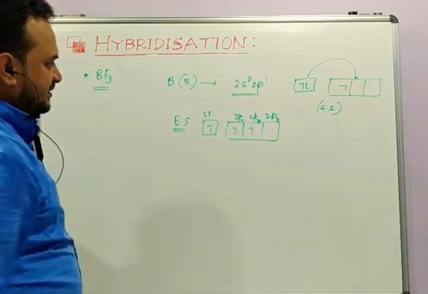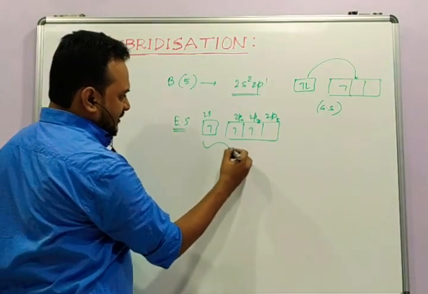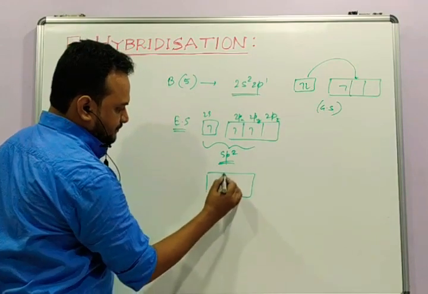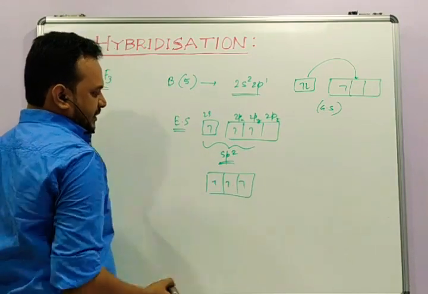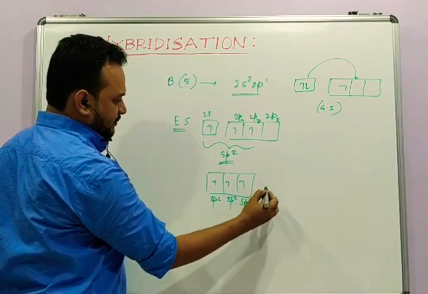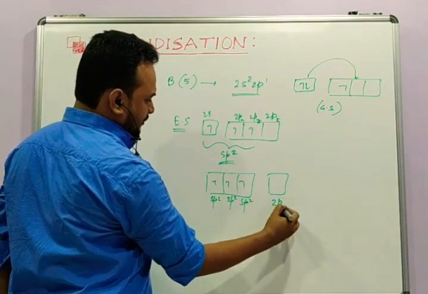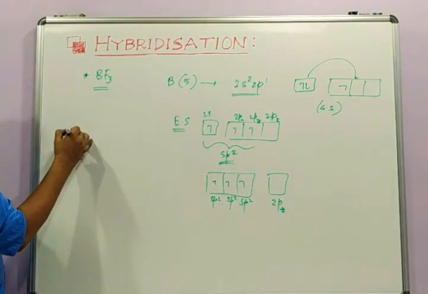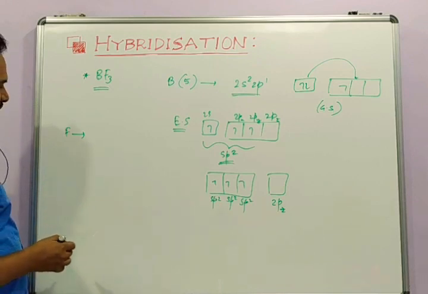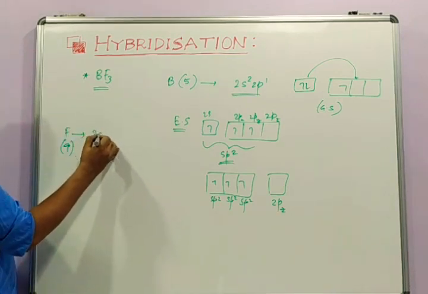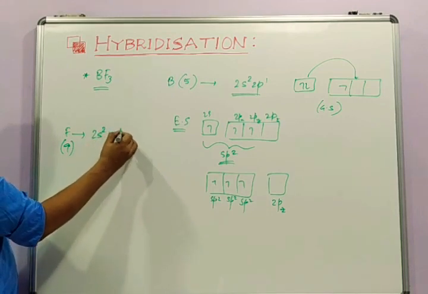So the covalence is 3, and now it undergoes sp2 hybridization to give you 3 unpaired electrons in 3 energetically equivalent sp2 hybrid orbitals, and the 2pz orbital remains vacant because there is no electron. And for fluorine, what is the valence shell configuration? Its atomic number is 9, so its valence shell is 2s2 2p5.